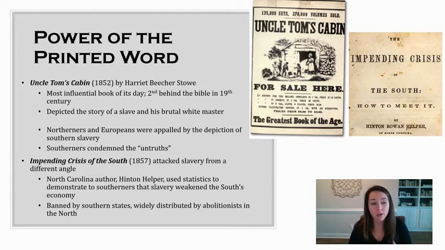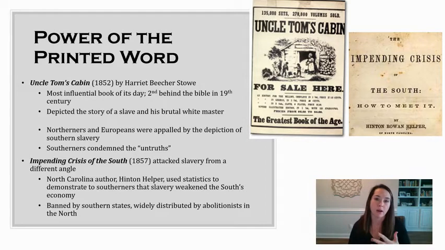And the book created so much division between the North and the South that when Abraham Lincoln actually met Harriet Beecher Stowe after the war had started, he said to her, "So you're the little lady that started this big war," because it created a lot of resentment from Southerners. Again, they're saying, you're telling these untruths, you're lying, you don't know how we live and you don't understand.